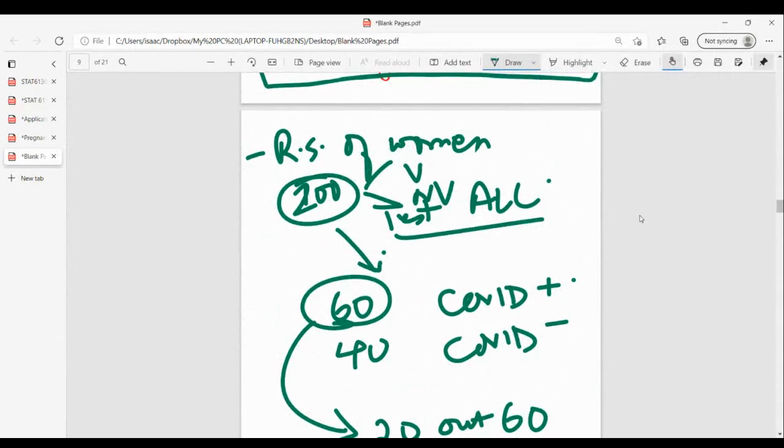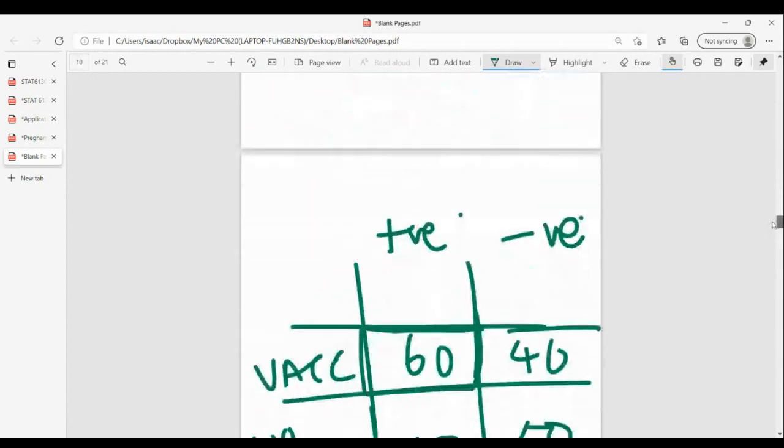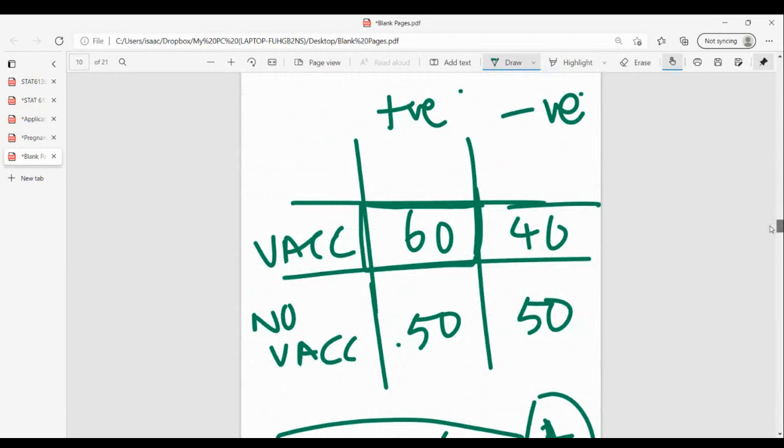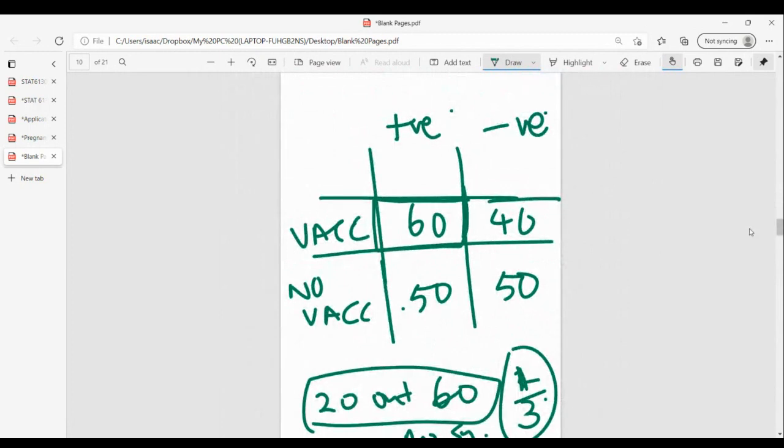When you are estimating your total prevalence, you'll have an idea of the prevalence of the disease among the unvaccinated and the vaccinated.